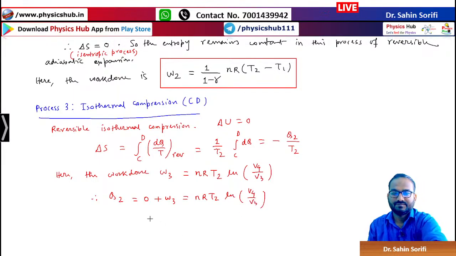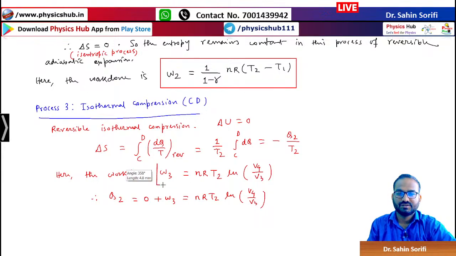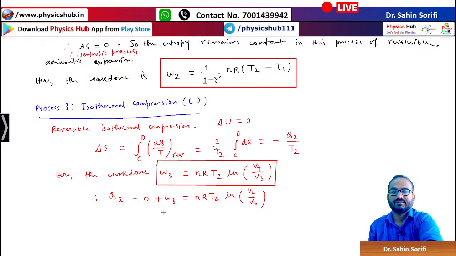We require this W3. Q is also required to evaluate the formula.